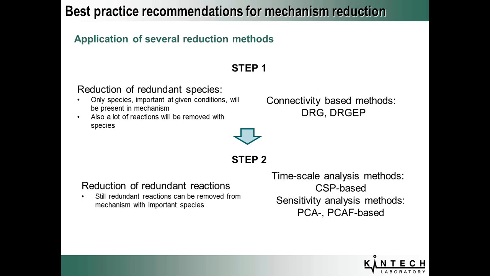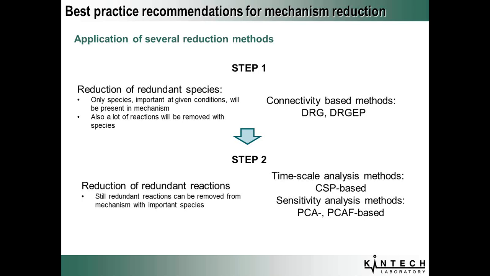If you do so, you will be able to remove a significant amount of the species from the mechanism. But what is important as well is that with these species, you will remove reactions which include these species. So on the first step, you are trying to remove species, but actually you remove a lot of the species and a lot of the reactions. It is a very significant step of the reduction.